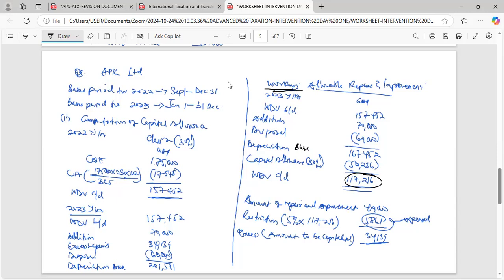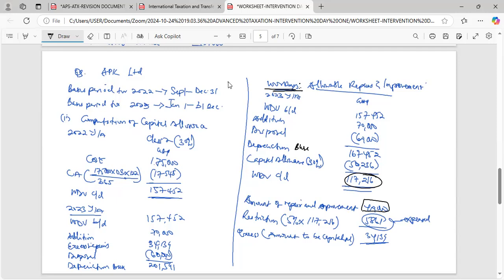So we want to know the repairs and improvement. I think the cost is 40,000. Out of the 40,000, how much should be expensed and how much should be capitalized? You have to go through the process for this one. This is a working, not the actual capital allowance. First you go through the process and consider all the things that happened.